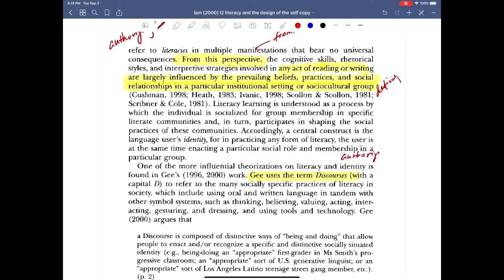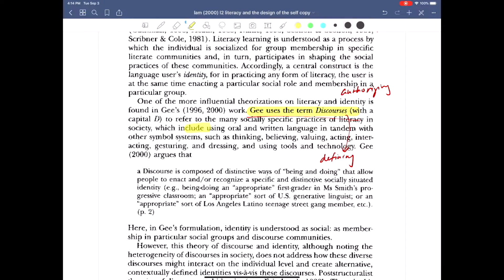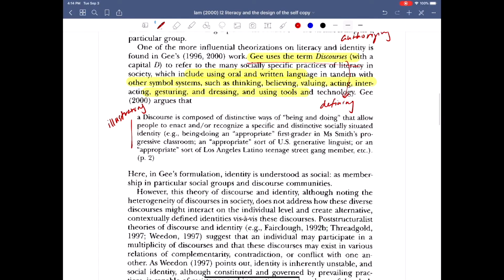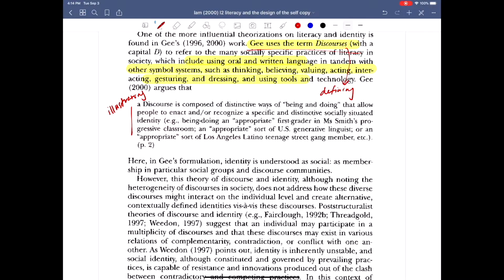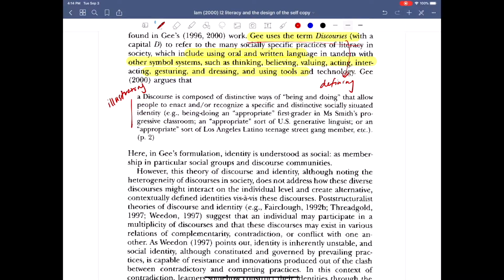Again, more authorizing and defining it according to how G is defining it. This could probably be considered part of illustrating. This is G's illustration, but it is a form of illustration. Of course, anytime she does an expanded quote here, it would be authorizing.